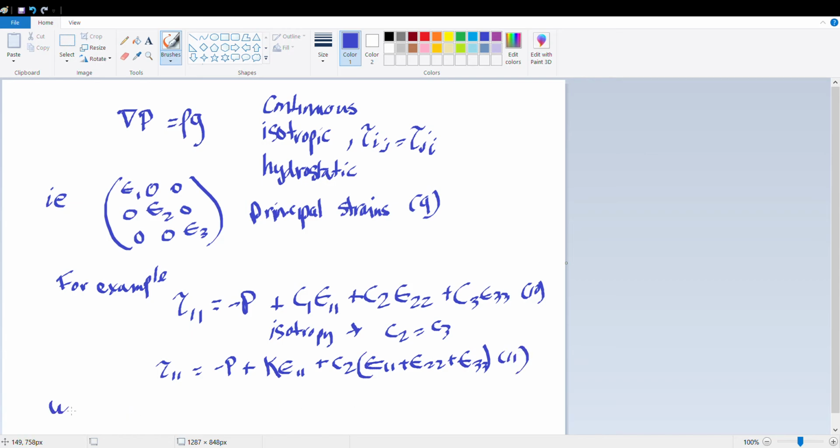Where kappa is equal to C2 minus C1 minus C2. So then we note that E11 plus E22 plus E33, these are the strain rates, right?